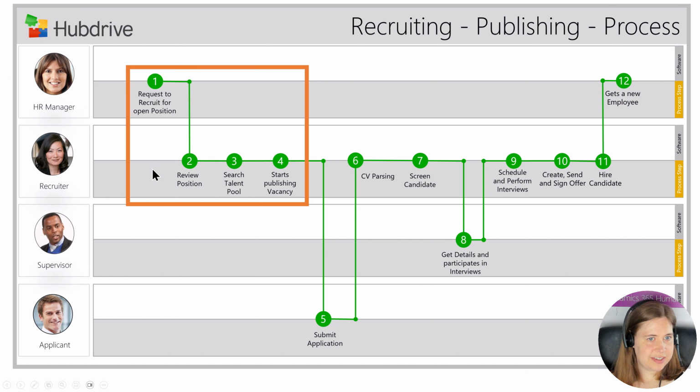So the first step is to create a job profile based upon which they can conduct a search in the talent pool. And if the talent search does not yield any good results, they can create and publish a vacancy. Let me show you in the system what that part of the recruiting process looks like.